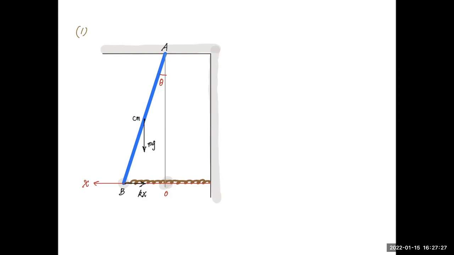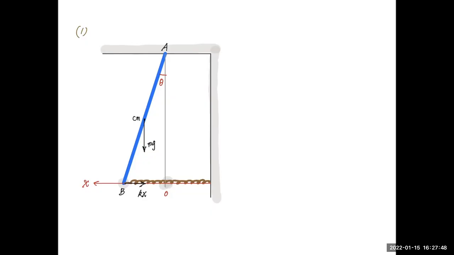And if we choose the increasing direction of theta as positive, that's a clockwise direction. Both of these torques are counterclockwise, so both of these torques are negative. We can add these two torques up to find a net torque, and that should be equal to I times alpha. I should be calculated about point A. We just apply the torque theorem.